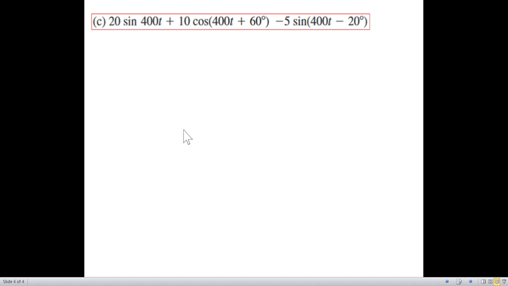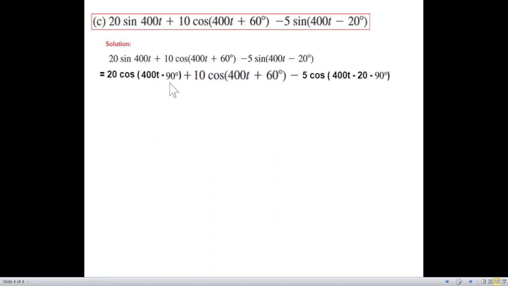Then coming on to part C, this has 3 parts. And you can see there are 2 sine signals. This is sine and this is sine. So as we discussed, we have to convert sine into cosine by subtracting 90. So from here, subtracting 90, we converted sine into cosine. This is cosine, so nothing to do.